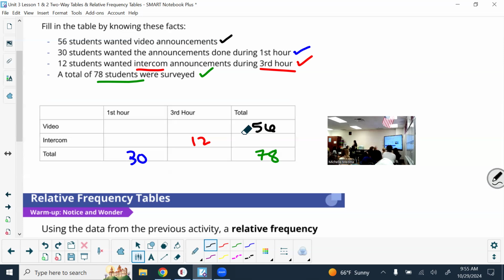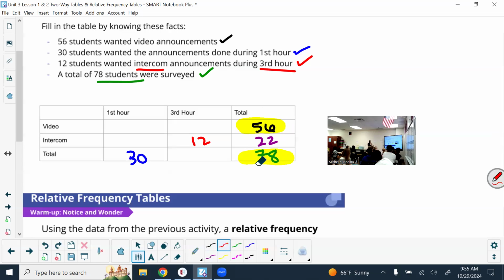Table 7, tell me another box that I could fill in based on what I have on the screen so far. All right, 22 for the total for intercom. So you should be able to figure that out, having 2 of the 3 things in this column.